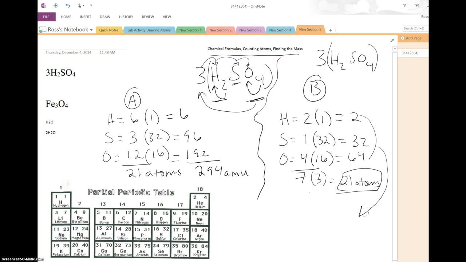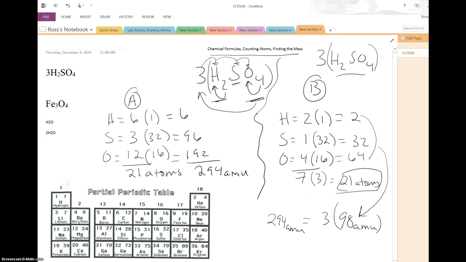Sorry, we're getting a little crunch for space. 64 plus 32 is 96, plus 2 is 98 AMU. That is how much one molecule would weigh. Multiply that by 3, and we end up with 294 AMU. If you want to do that, that's fine.